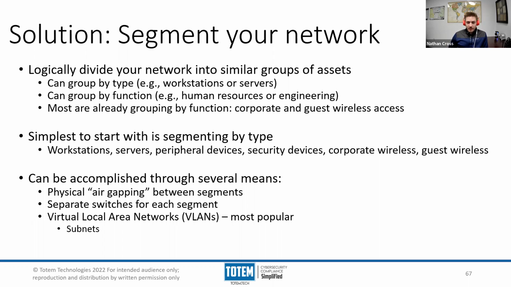Additionally, you could purchase multiple switches, which I'll show you more of what a switch does in a second when I pull up a network diagram. It'll make more sense. But essentially, before each segment that you've grouped by type, your workstations, you will have a switch in front of that which will connect to the router.